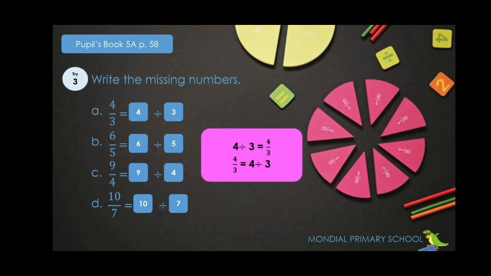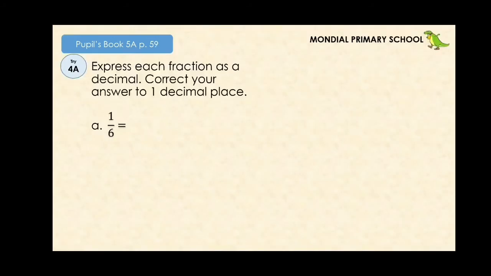Let's try for A. Could you please open your mathematics textbook, page 59, and read the questions? Okay, express each fraction as a decimal. Correct your answer to one decimal place. 1 out of 6.